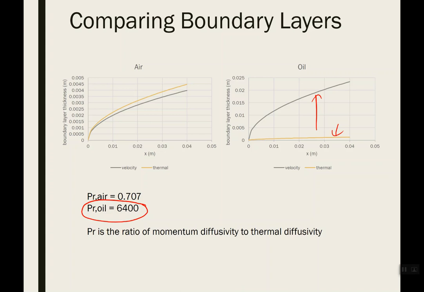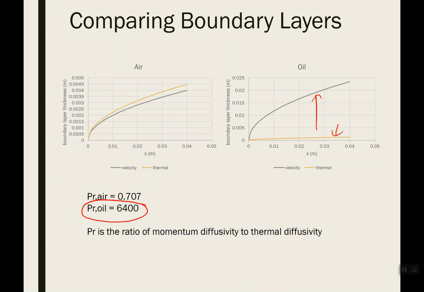So we looked at this number called the Prandtl number, and we did some interactive problems. The Prandtl number is the ratio of momentum diffusivity, which describes how well momentum propagates through a fluid. Something that's really viscous is going to have a really high momentum diffusivity. Actually, the kinematic viscosity is the momentum diffusivity.